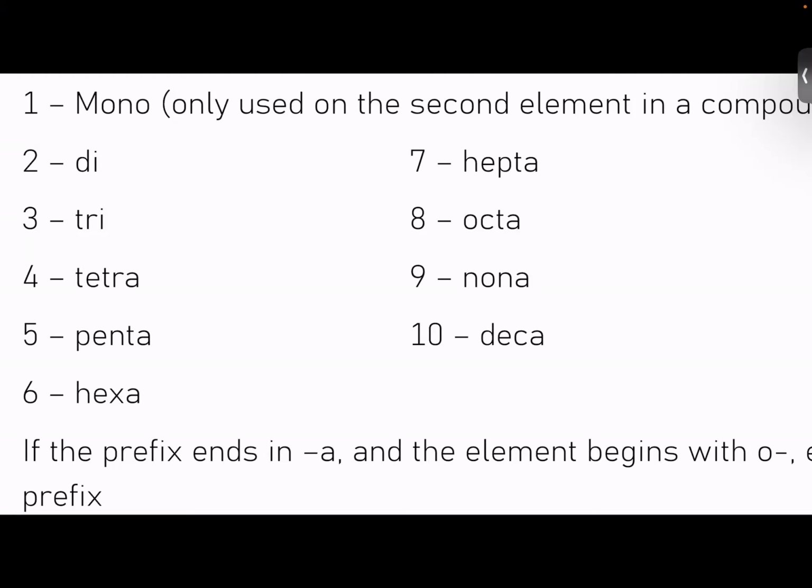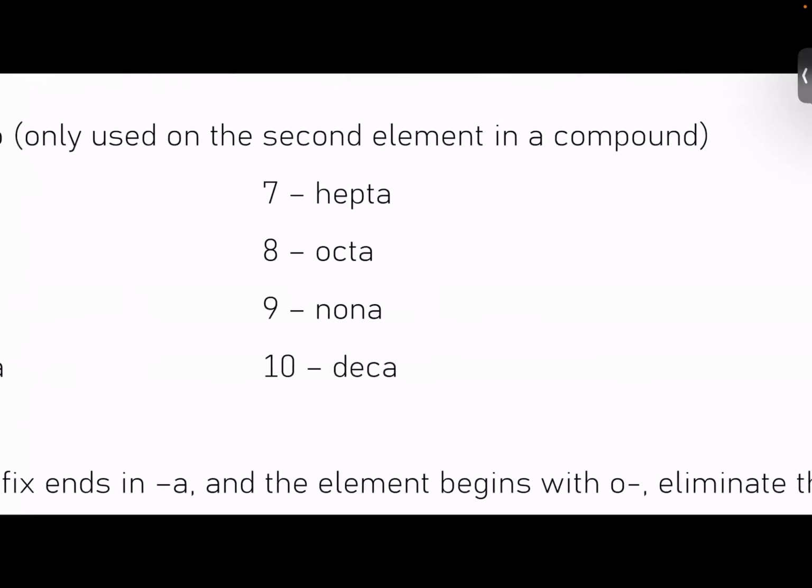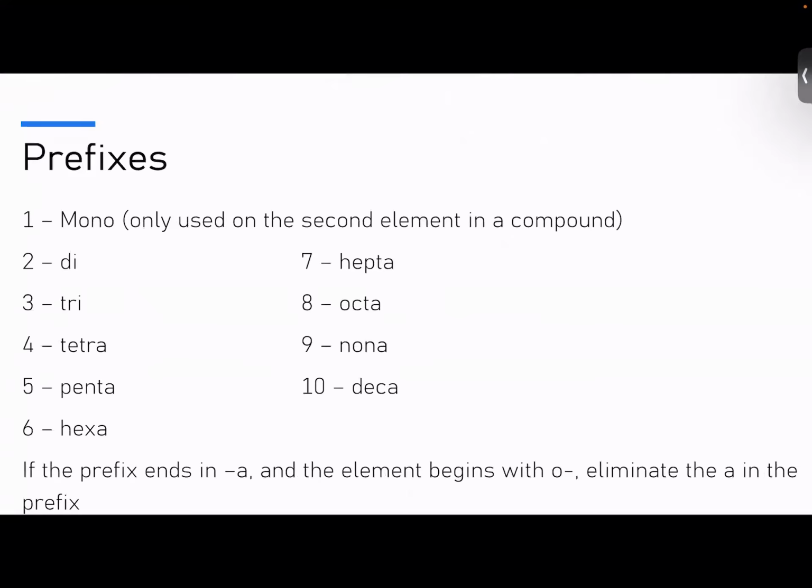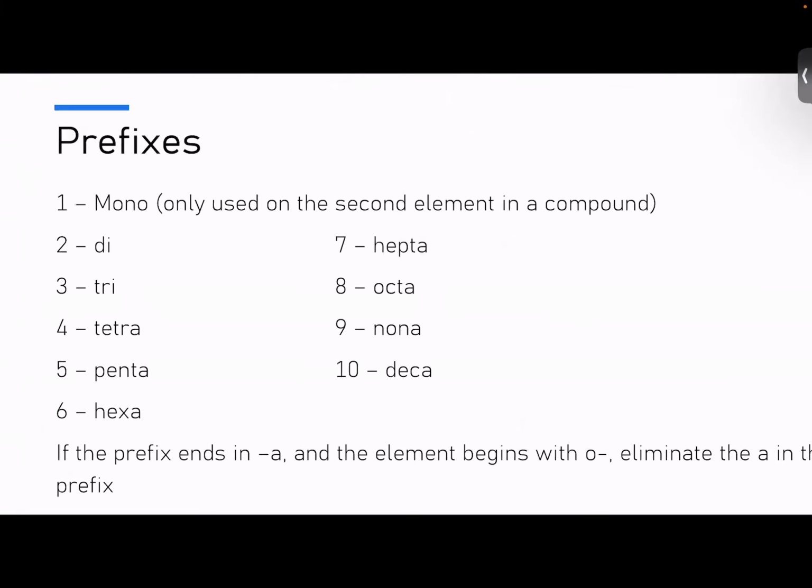But basically we're talking arsenic and oxygen here. If the element begins with an O, then you eliminate the A in the prefix. In other words, we're not going to say pentaoxide. We call it pentoxide.